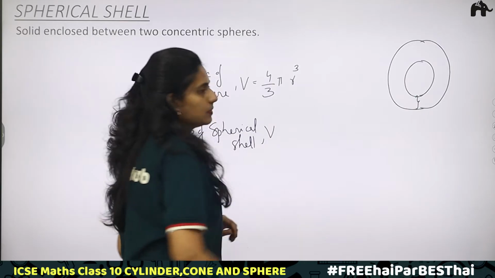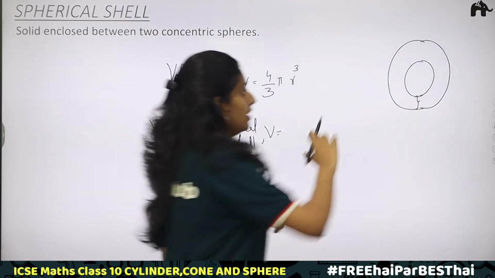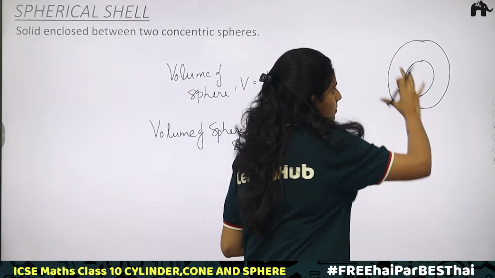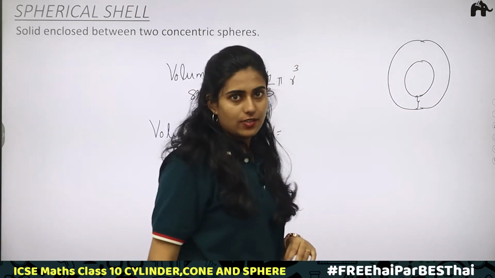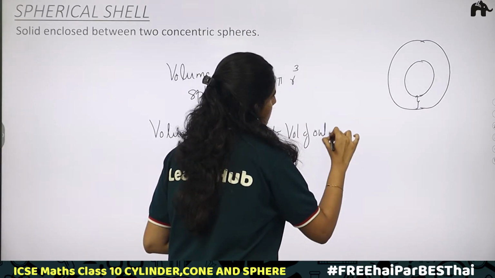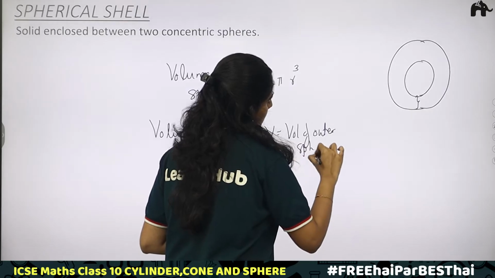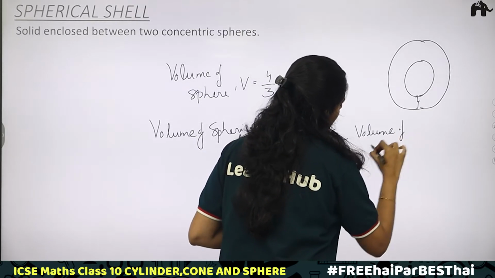How will we obtain this? Here, for the volume of the spherical shell, we have to find the volume of the outer sphere minus the volume of the inner sphere.